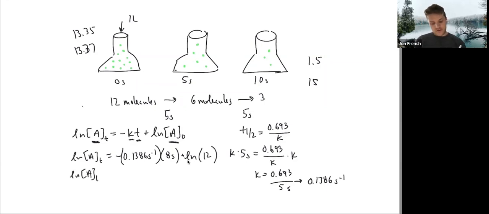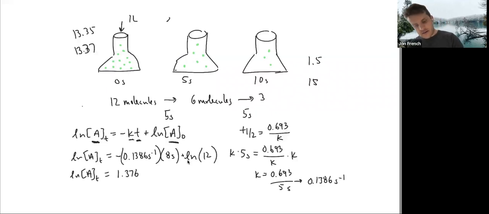So natural log of concentration at time t equals, multiply those together, so times 8, and add in the natural log of 12. So I get 1.376.